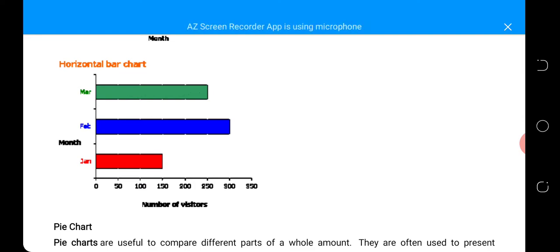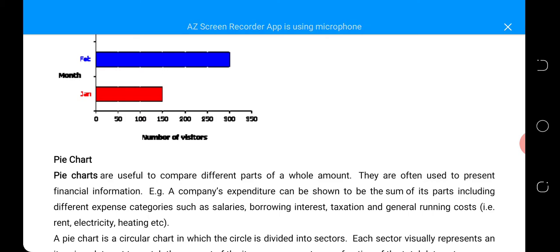While for the month of February, 300 visitors will be represented by 6 centimeters. While 250 visitors in the month of March will be represented by 5 centimeters.